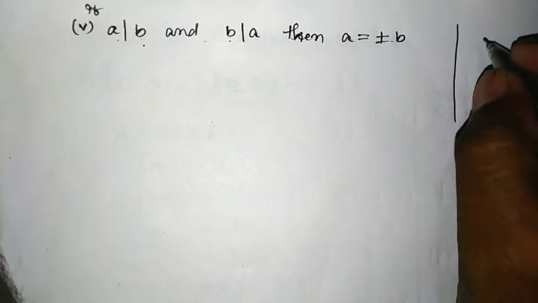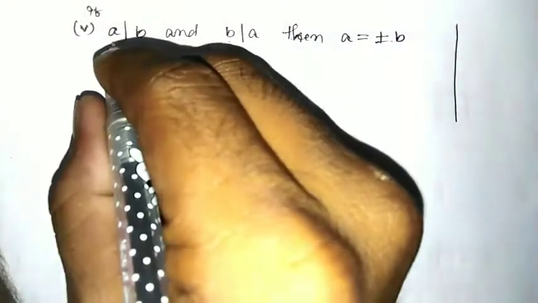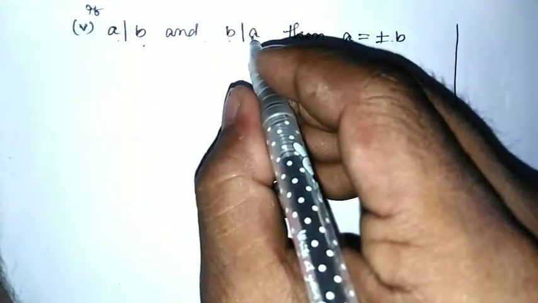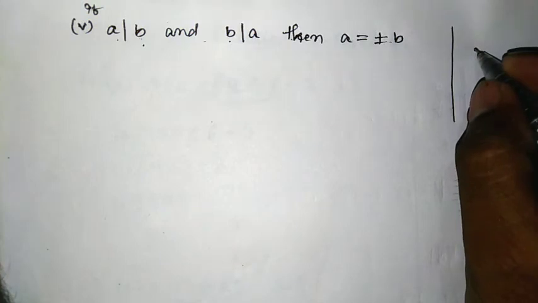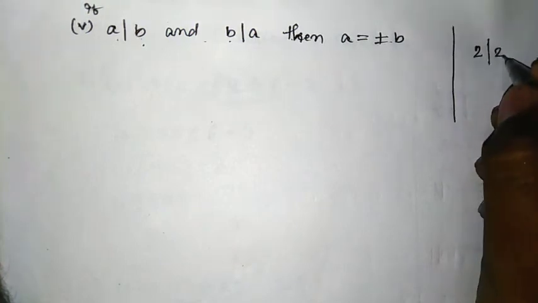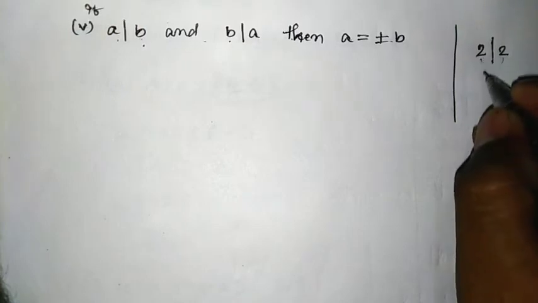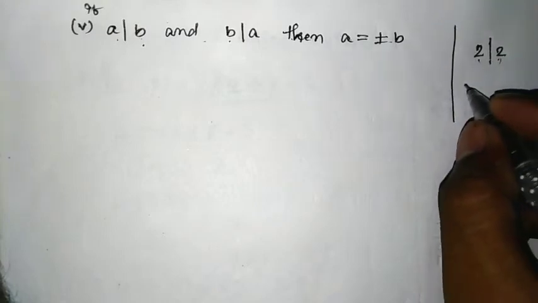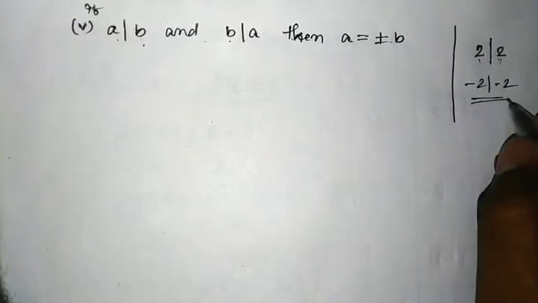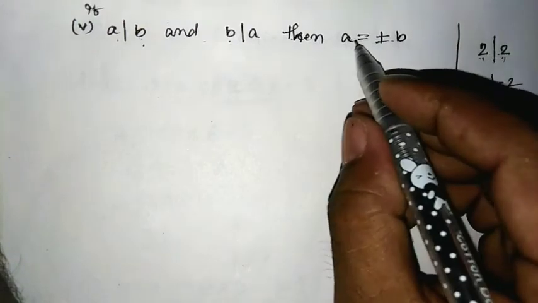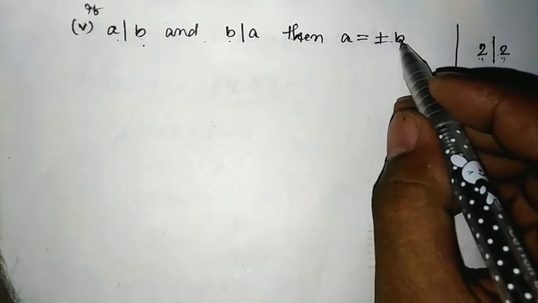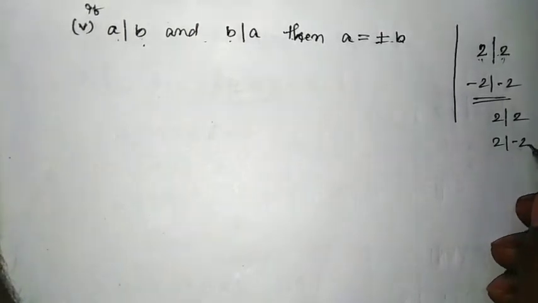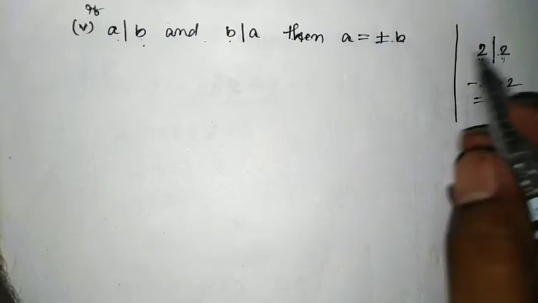Next, number 5: if A divides B and B divides A, then A is equal to plus minus B. Suppose A divides B and B also divides A, then A and B should be equal in this way. If we take A as 2, 2 divides 2, and minus 2 divides minus 2, this is also possible.